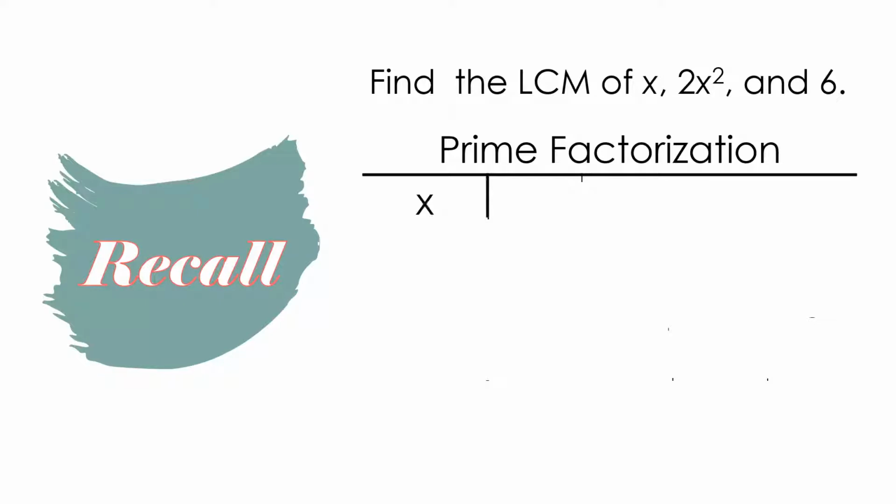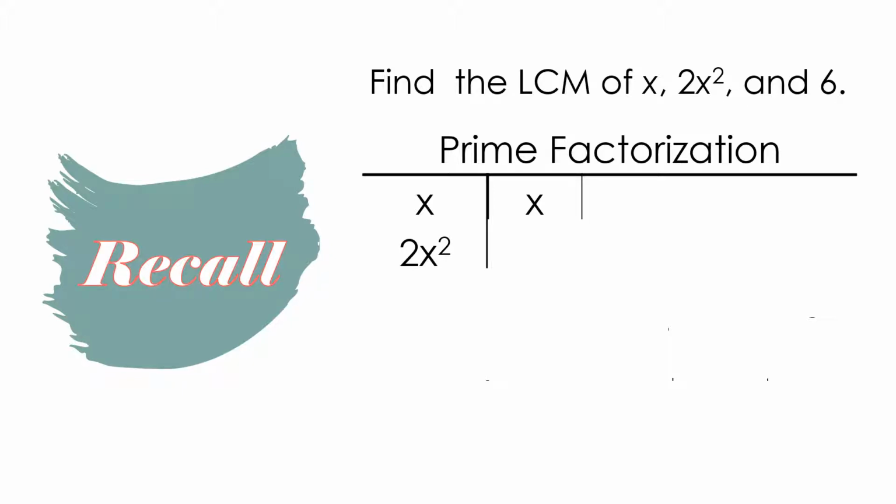First we have x. What will be the factor of x? Since it is already in the simplest form, the factor of x is x and 1. We are not going to write 1 anymore, but instead we have x. Next we have 2x squared.